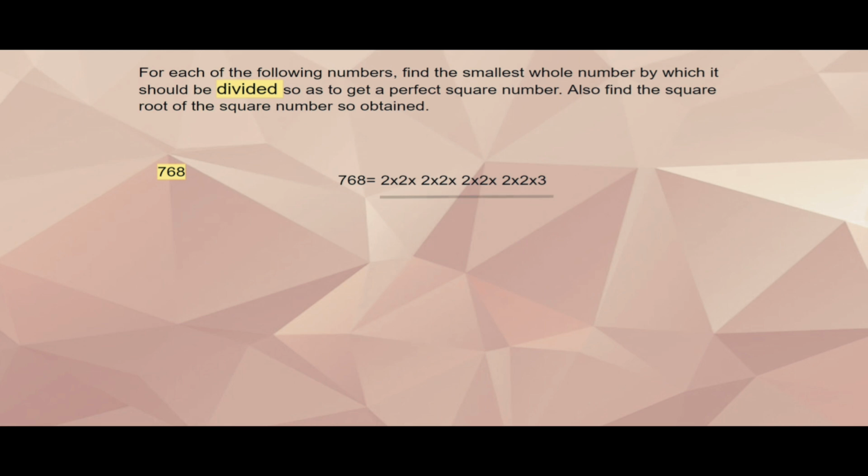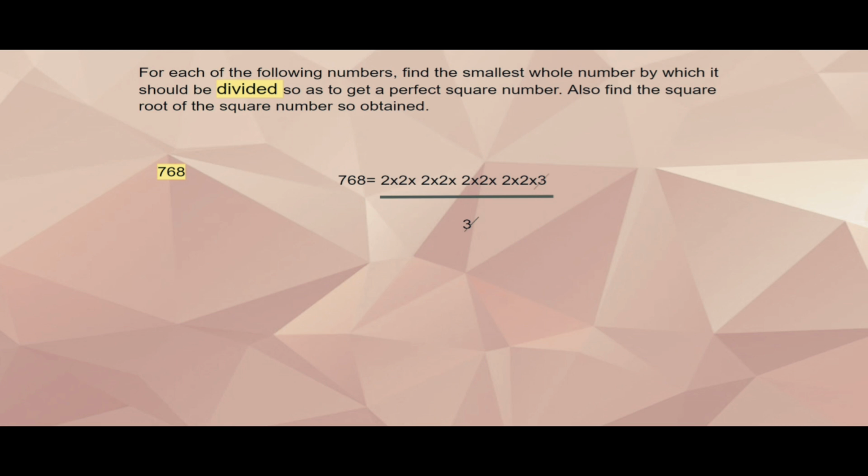We can see that 3 is not in a pair. So, to make it a perfect square, we need to divide it by 3, because we have to eliminate this 3 as it is not in a pair. So, we will divide it by 3.